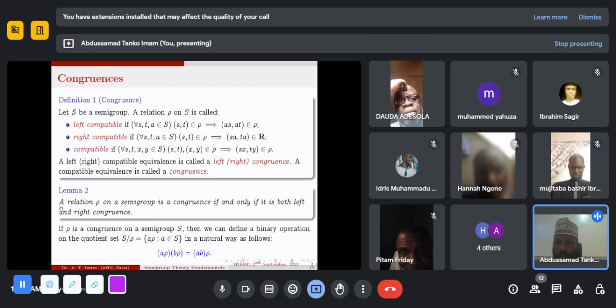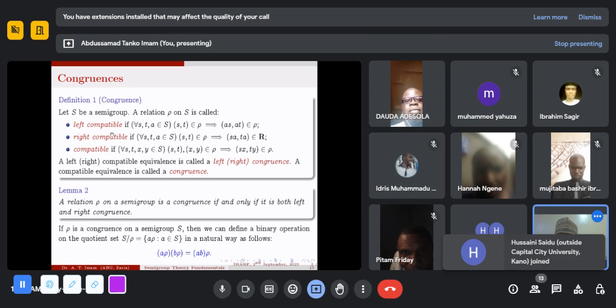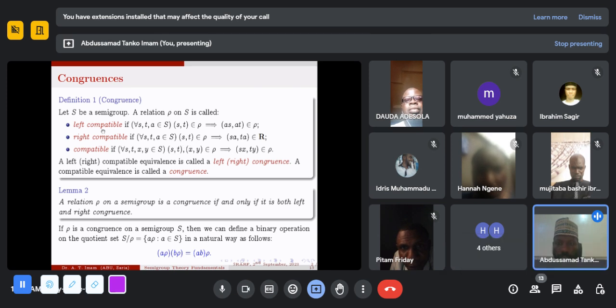And then we have a lemma here characterizing the congruence on a semigroup. So in a semigroup, a relation is a congruence if and only if it is both a left and right congruence. So you see, when we define left congruence and right congruence, if you look at the two definitions, they are not the same. Saying that a relation is left compatible and right compatible does not mean it should be compatible.